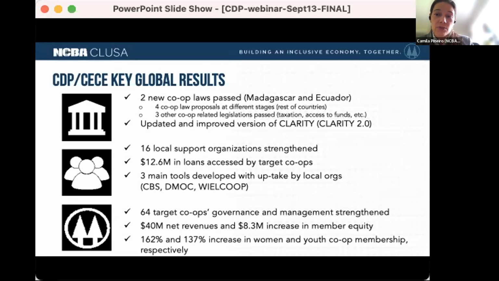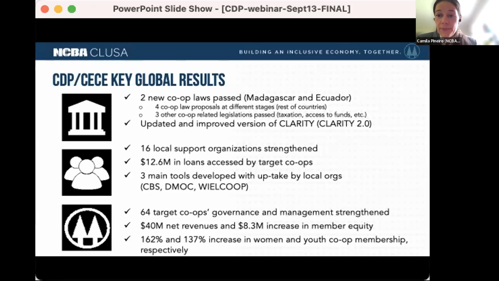Although in some countries, some cooperatives are experiencing losses. We know how hard it is for businesses right now, but overall, they have improved their business performance, and we were able to surpass our goal of 5 million in member equity. We'll be talking about this later.